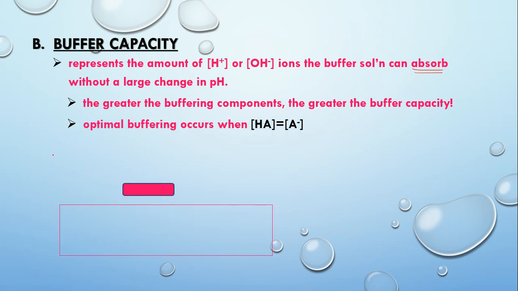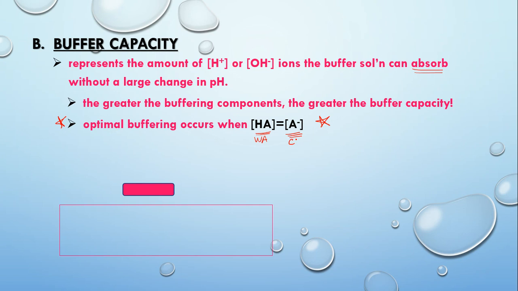Now, one very important thing to keep in mind is that optimal buffering is going to occur when the concentration of the weak acid is equal to the concentration of its conjugate base from the salt.